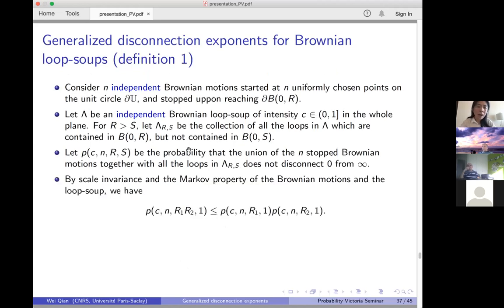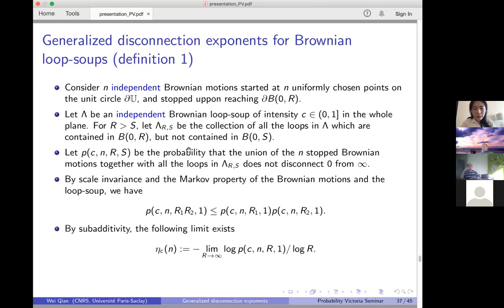By scale invariance and the Markov property of the Brownian motions and the Brownian loop soup, this P_{C,n}(r,s) also satisfies a sub-multiplicative relation. Then we can again take a log and a limit, and we also get an exponent depending on the intensity C of the loop soup and n, the number of Brownian motions.